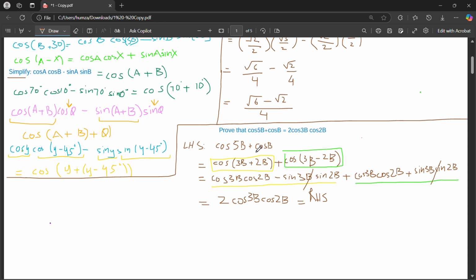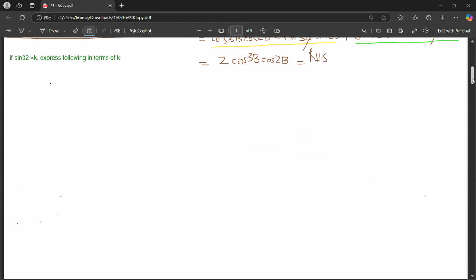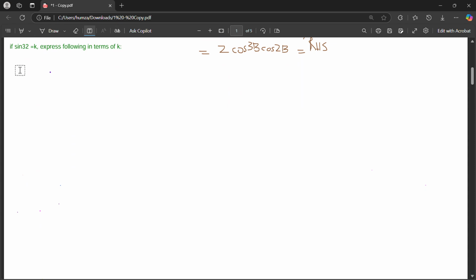Now the next question we are going to look at says, if sin 32 degrees is equal to k, express the following in terms of k.